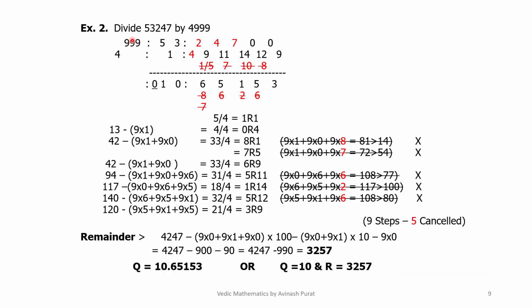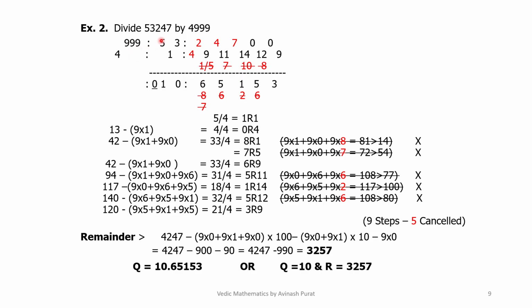Example 2. Divide 53247 by 4999. Now 4 is the first divisor, 999 is the Dhvajanka, 3 digits. So 3 digits of the dividend, 247, are taken after the decimal point.